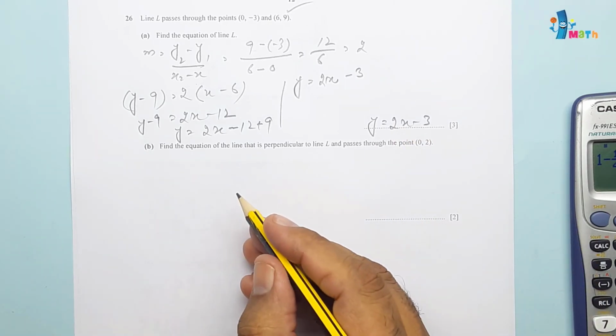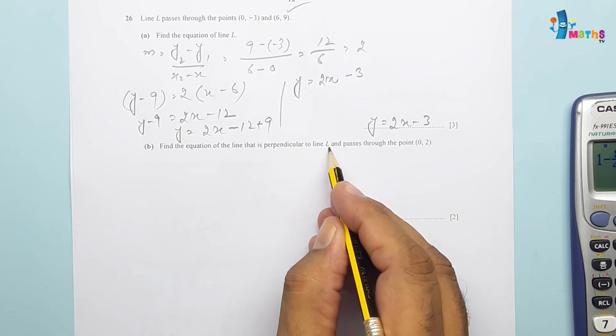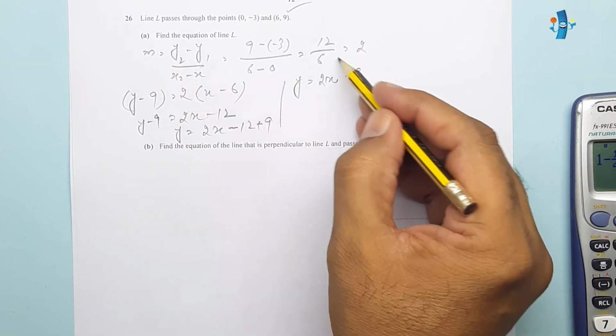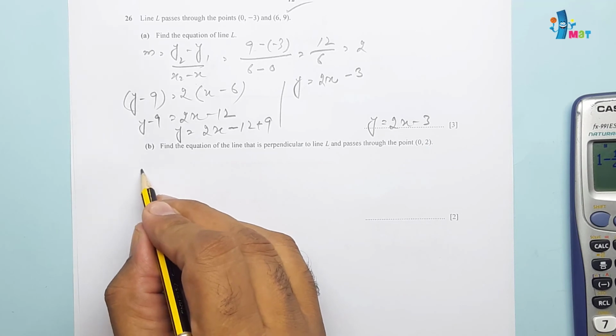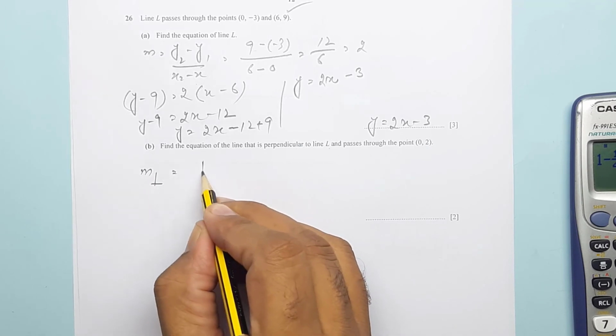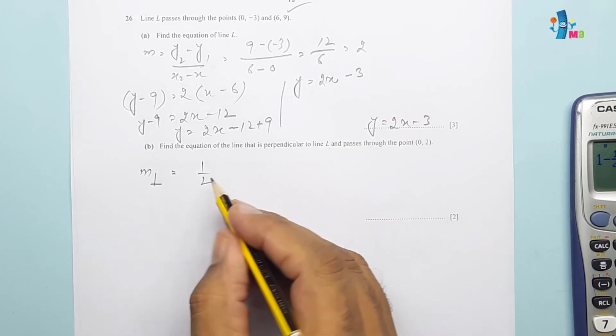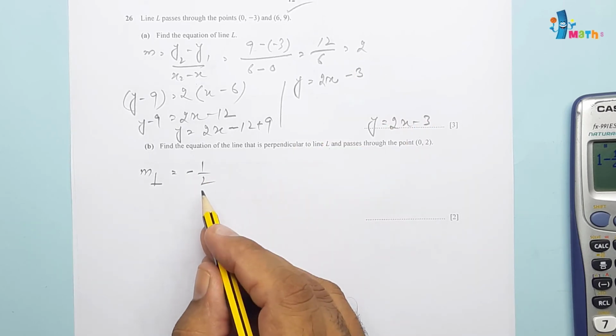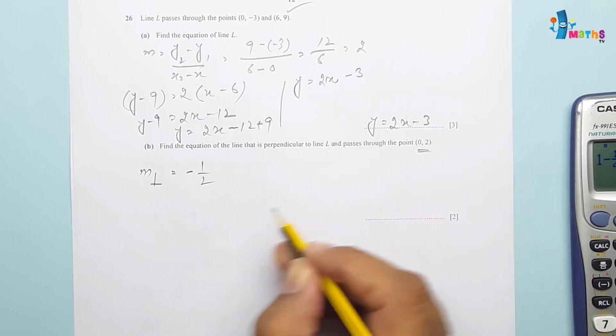Find the equation of the line that is perpendicular to this line. Perpendicular to this line means the gradient will be the negative reciprocal, so m perpendicular will be equal to the reciprocal, meaning 1 by 2, and change sign. This is plus, so this will be negative. So minus 1 by 2, and the point is this one.